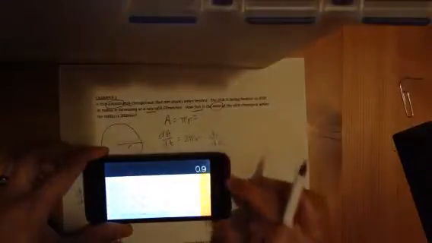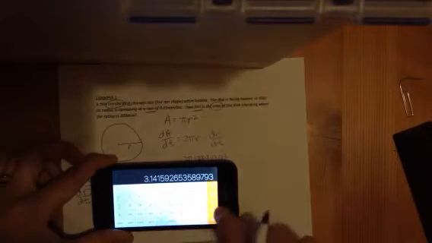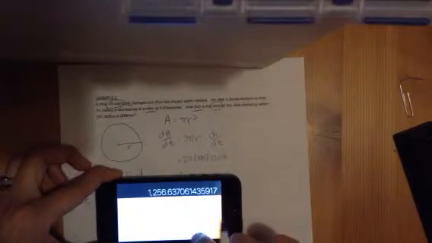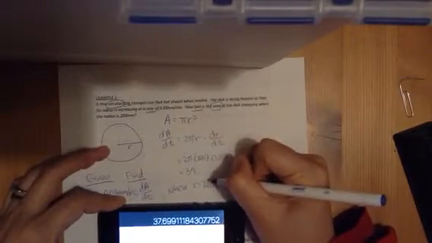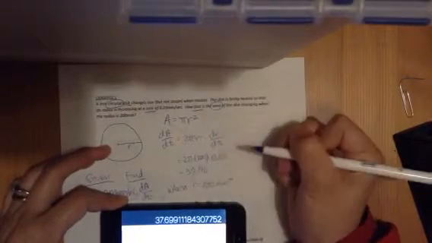Wait, hold on, I have my cell phone. All right. So I've got 2 times pi times 200 times 0.03 equals 37.70, because I want 2 decimal digits and that's a 9.